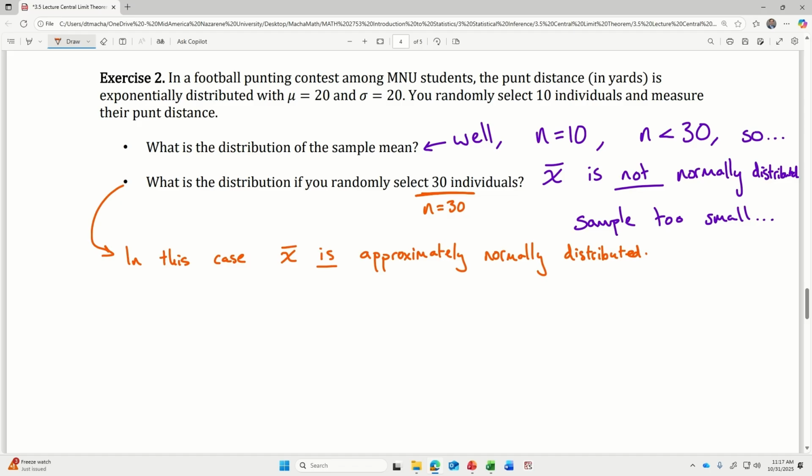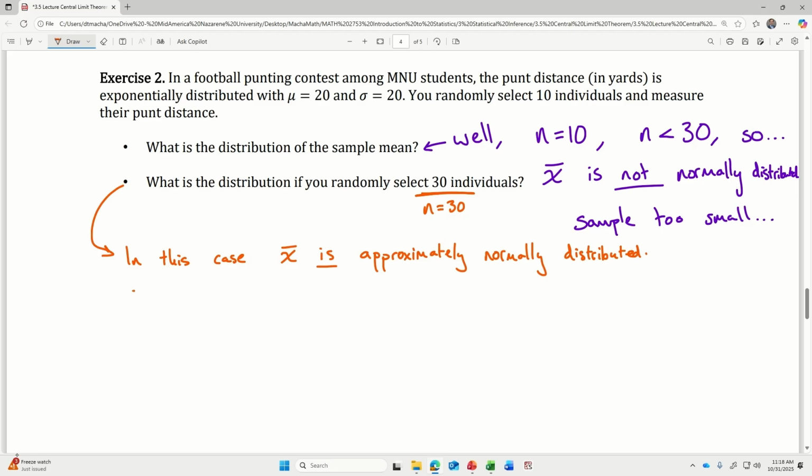We are just choosing n equals 30 as our threshold because that's the convention. Obviously, this gets better if n is larger, and it gets worse if n is smaller. You've got to choose some point to cut this off. We could have said n equals 29 or n equals 31, but we decided n equals 30 sounds like a nice number. It's a heuristic. So in this case, since n equals 30, this is approximately normally distributed.